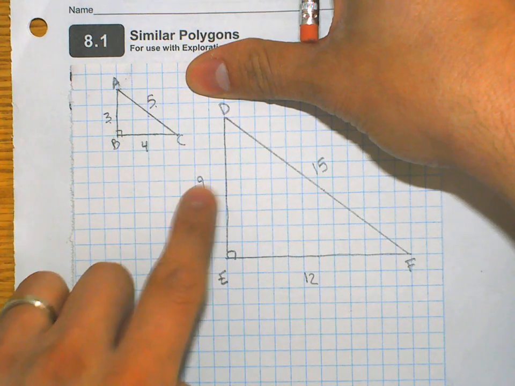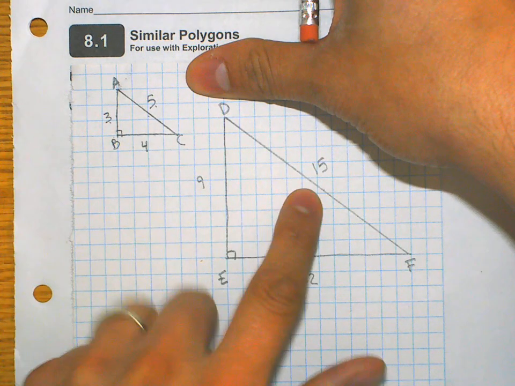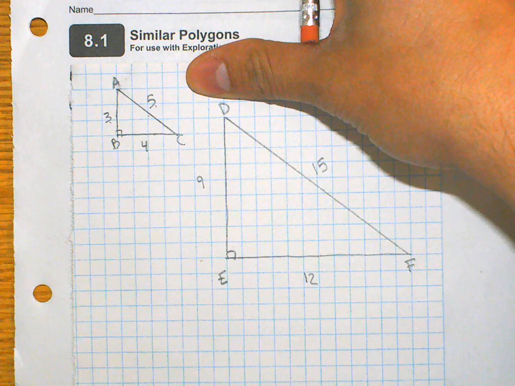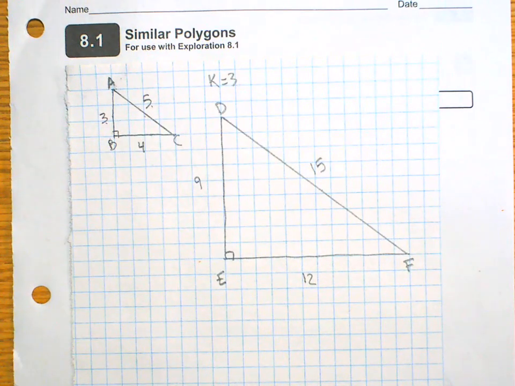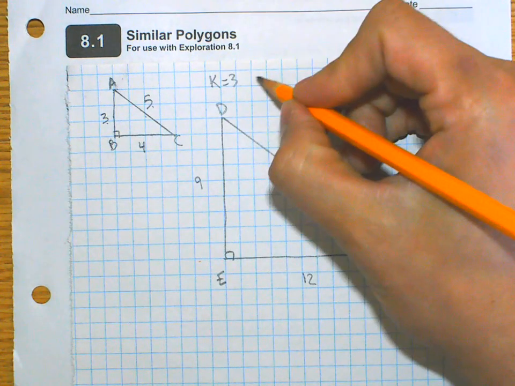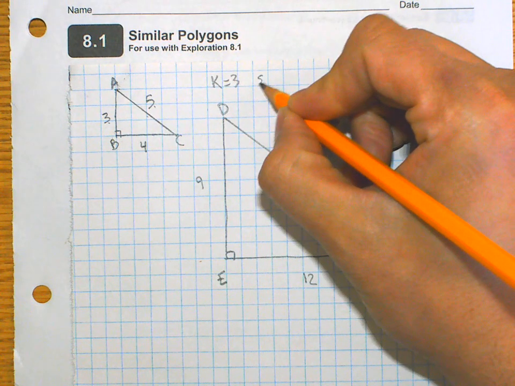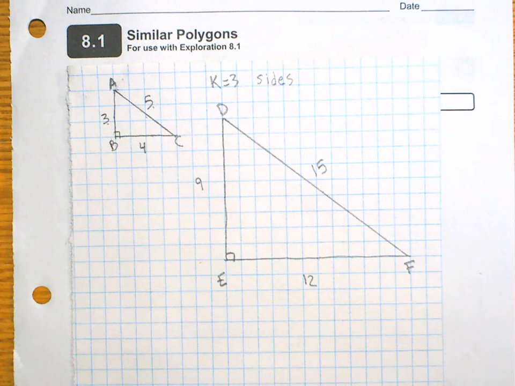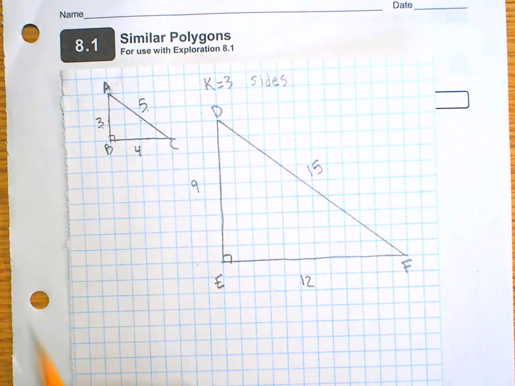I can do DE to AB, DF to AC, and EF to BC. So one of the things that I want to talk about here is the fact that this is the scale factor for the length of the sides.